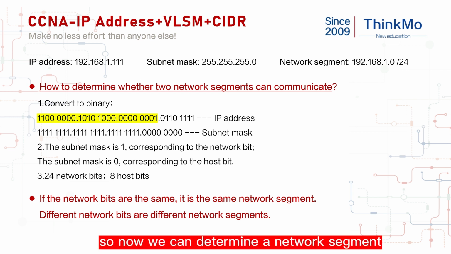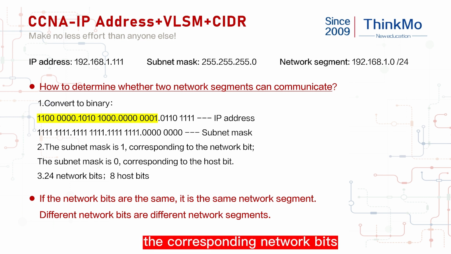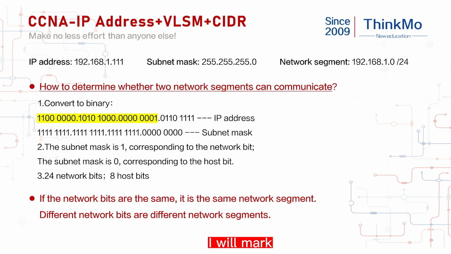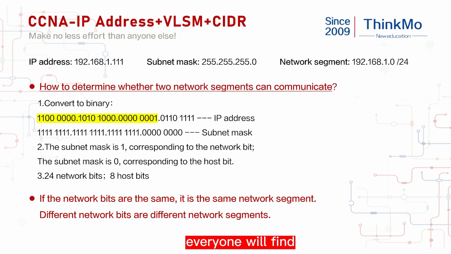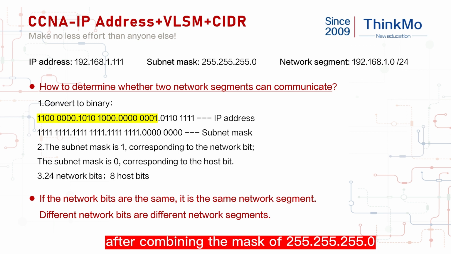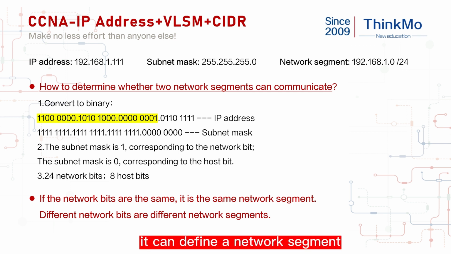So now we can determine a network segment. The corresponding network bits are called the network segment. I will mark it. This part is called the network segment. Everyone will find that 192.168.1.111, after combining with the mask 255.255.255.0, can define a network segment called 192.168.1.0.